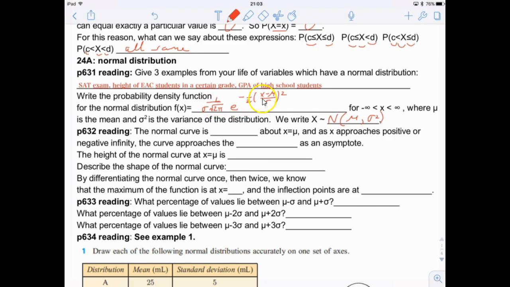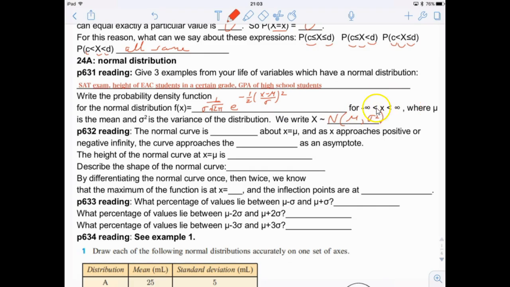There are several transformations going on here. Look at this, this would be a horizontal translation, right? This minus mu. There's a division here by sigma, which is going to be a horizontal stretch. So there are these two transformations going on. We'll see how that affects the probability density function for the normal distribution.